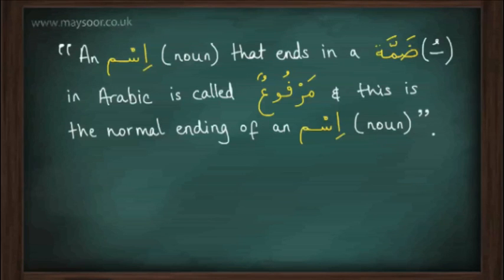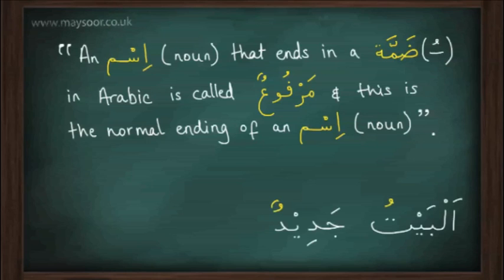An ism, a noun that ends in a dhamma in Arabic is called marfu', and this is the normal ending of an ism, a noun in Arabic. For example, al-baytu jadidun means the house is new.